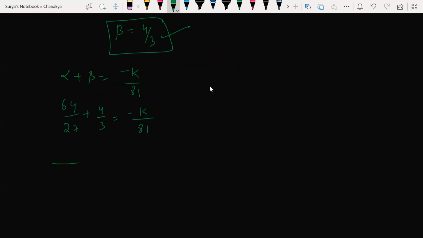So the LCM is 27, 64 plus 36 is equal to minus k by 81. Minus k is equal to minus 300 plus 300. So the k value is minus 300 here. Correct?